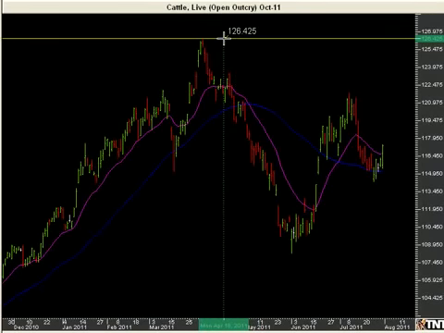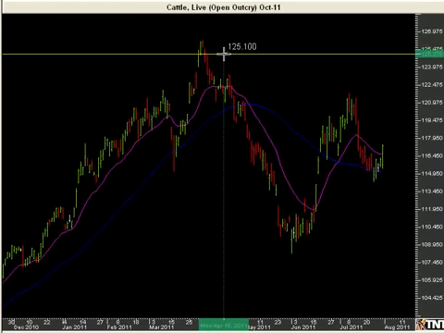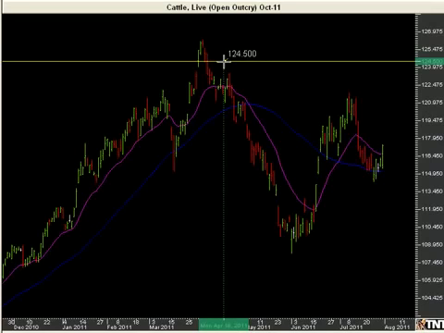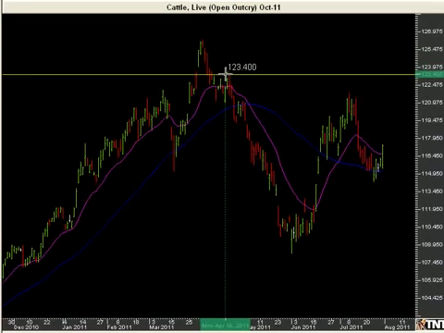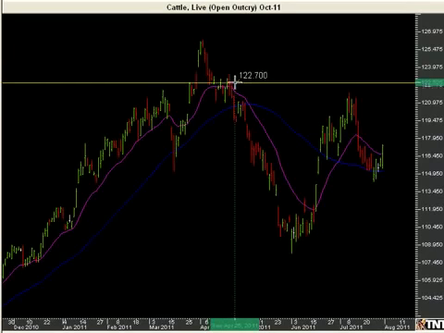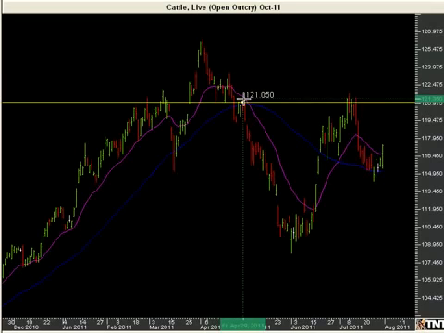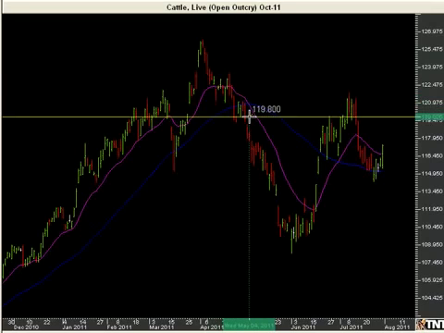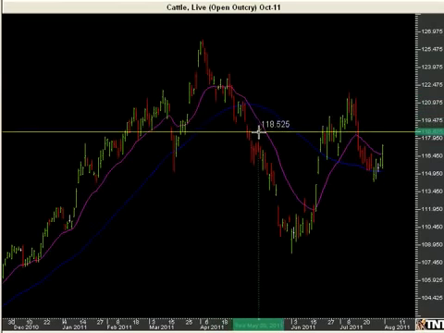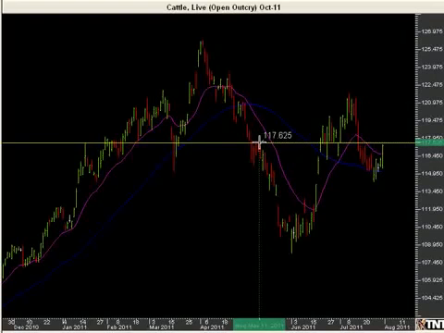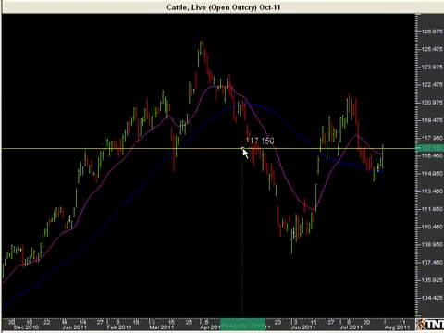For instance, you will have a line here, and we also have several hits here, so you'll have a line here. We have more hits through here, so we'll have a line here. We've got hits here, and so on. You can see that your chart can very quickly become cluttered with lines from all these support and resistance zones.